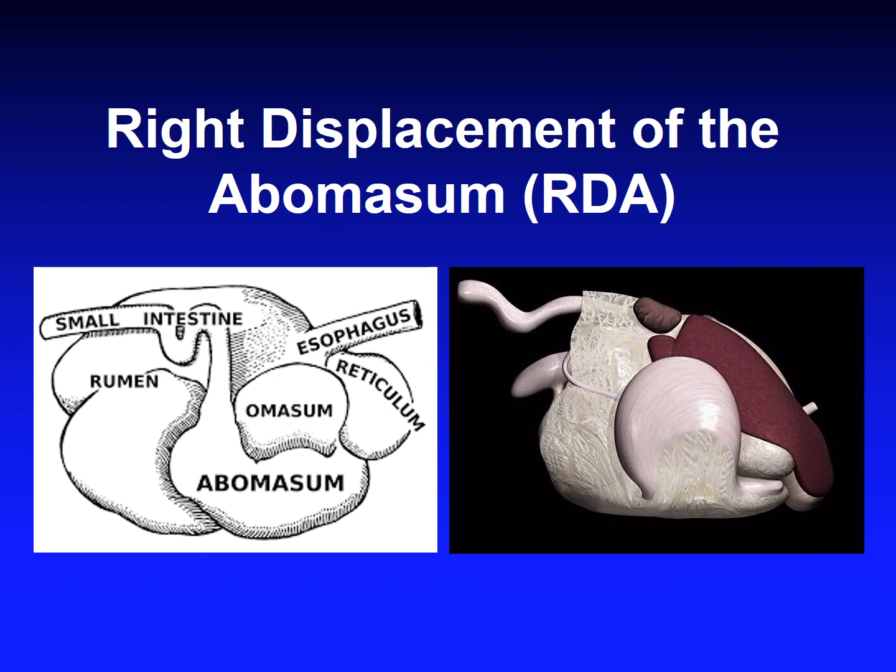This is basically the end of the ruminal motility patterns. We have again a primary and a secondary, and we have 2 cycles.